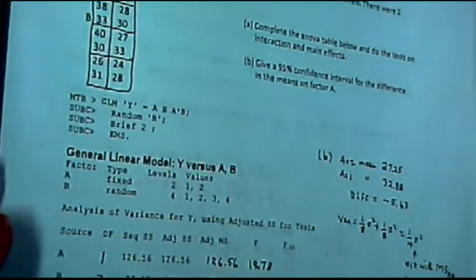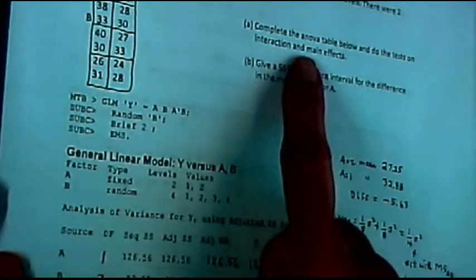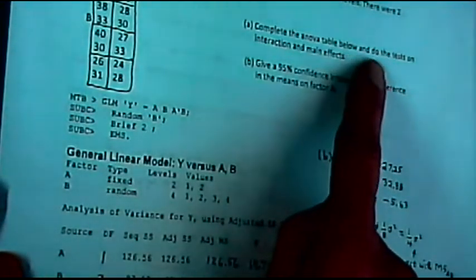Here's a two-factor experiment. A is fixed, B is random, and here's the data, 4 by 2 in cells. So we have a question, complete the ANOVA table below and do the tests on interaction and effects.